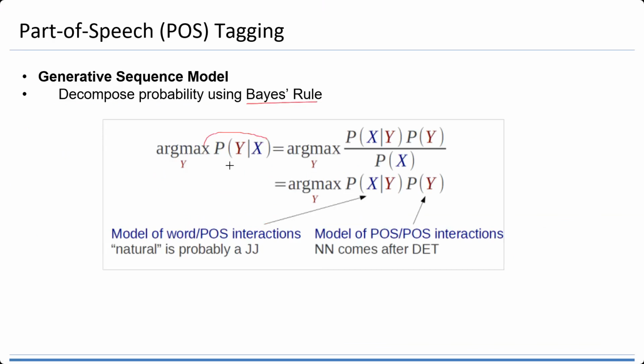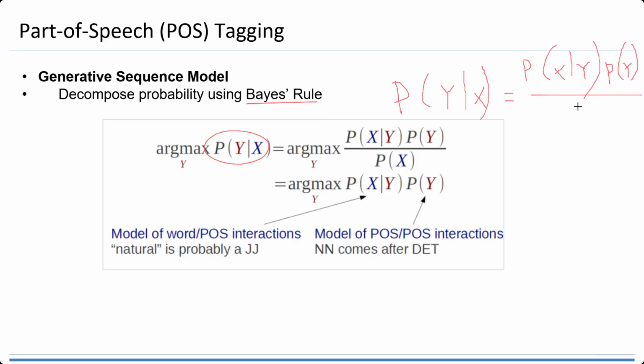The probability of y given x is the same as the probability of x given y, multiplied by the probability of y, and divided by the probability of x.